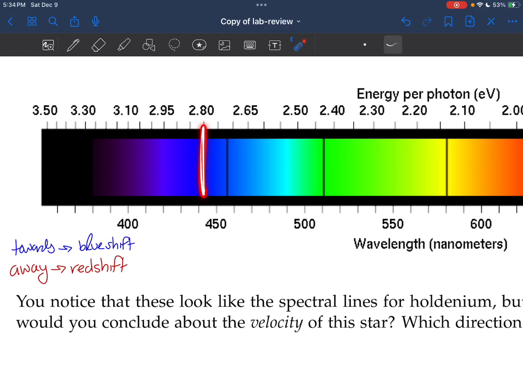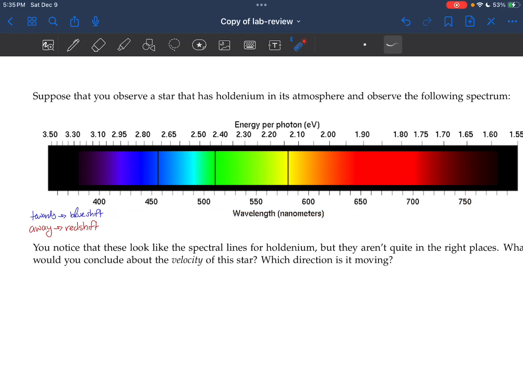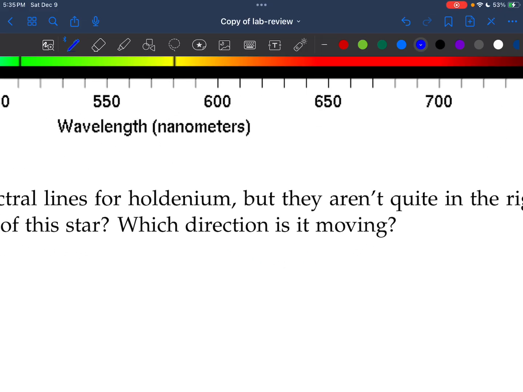So we saw that I had 2.8, 2.5, and 2.2. These lines look like they're shifted to the right, towards the red, towards infrared. That is redshift. So what direction is it moving? Right away, because it's redshifted, I can say it's moving away from us.